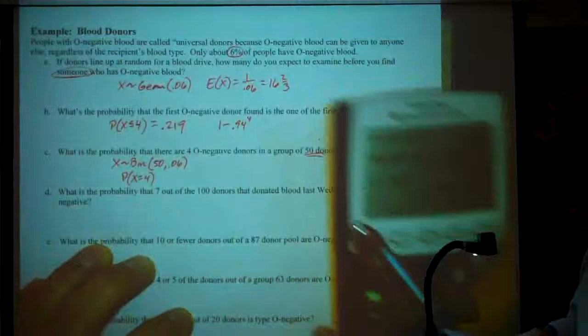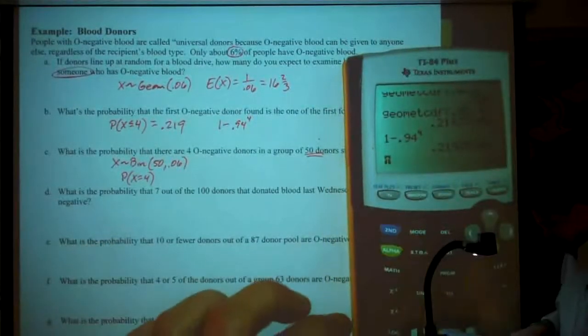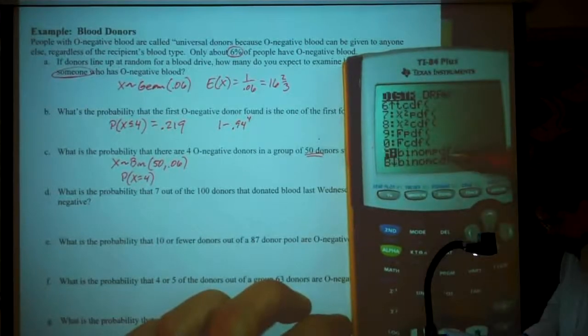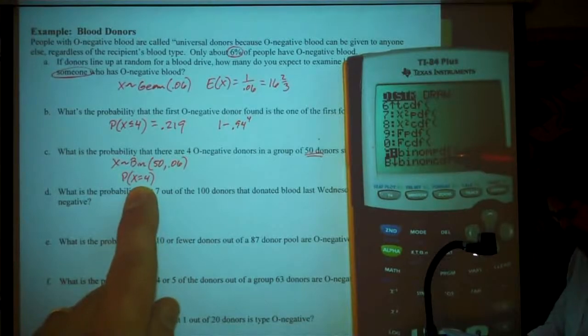So again, let me grab my best friend, and I'm going to say second distribution. I'm going to go down to binomial PDF, because I want to know the probability that x equals 4. Okay? Not that x is 4 or less, but that x equals 4.